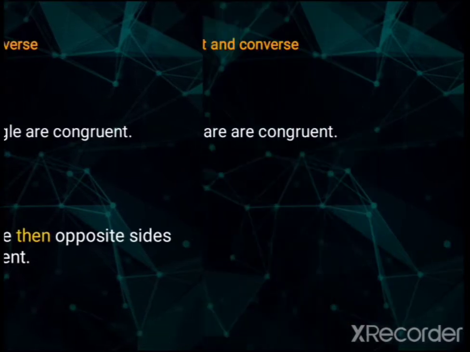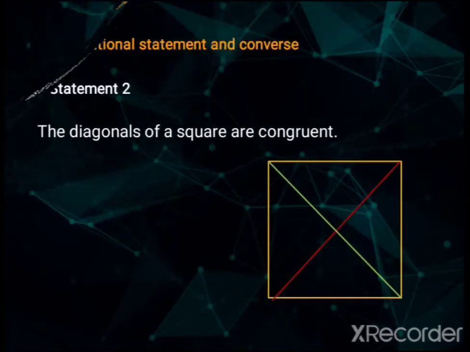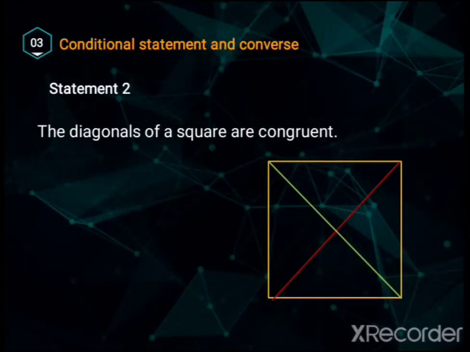Let's see the next statement. The diagonals of a square are congruent. To prove this statement, here I draw one square. All of you know the properties related to a square. All sides of a square are congruent, as well as its angles are also congruent, because each has a measure of 90 degrees.